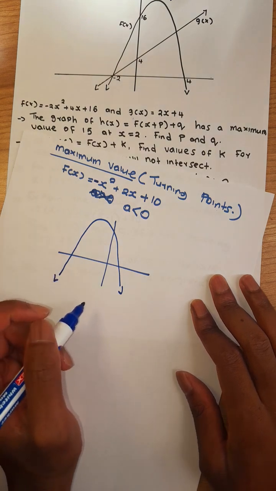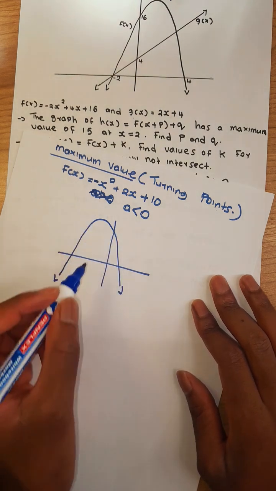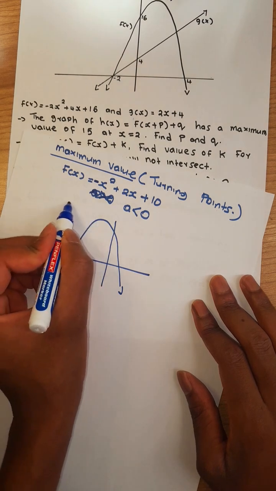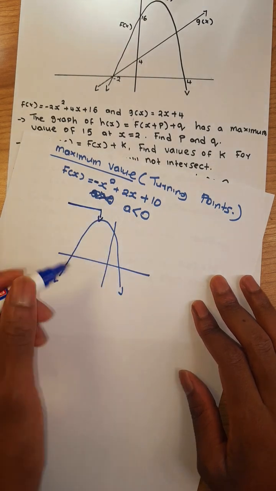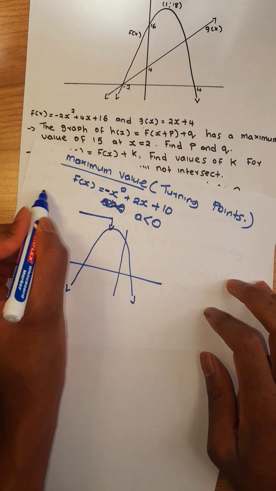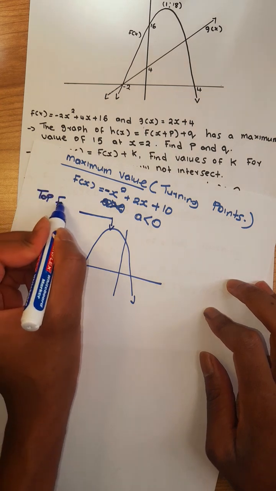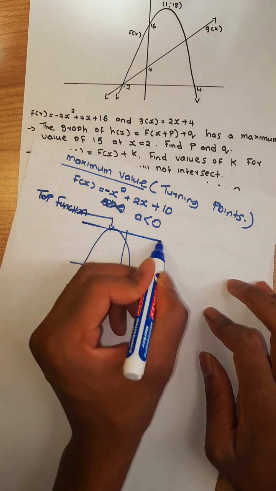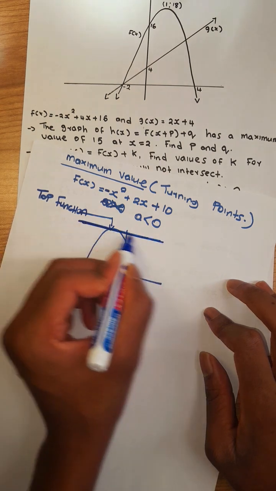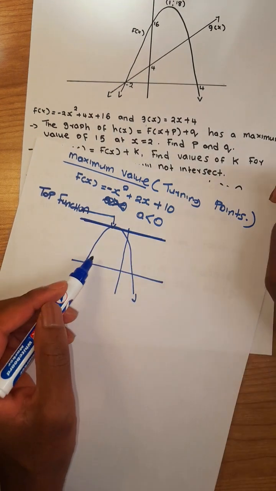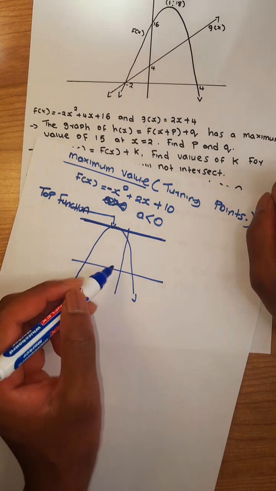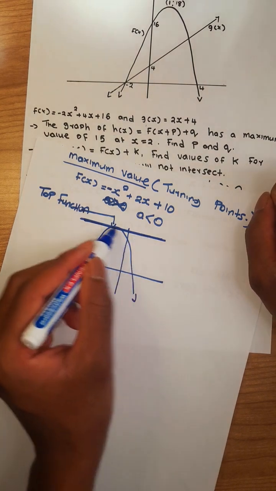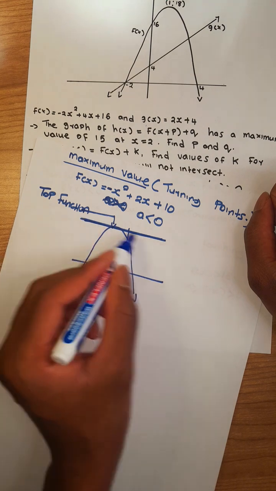All right. So when it looks something like this, you realize that the top of the function, this term doesn't exist, by the way. I'm just making you understand. I can just say top of function or something. It is actually on a maximum point. This is the maximum point. This is as far as you can go. You cannot go much further than this, right? You cannot go any much more than this.